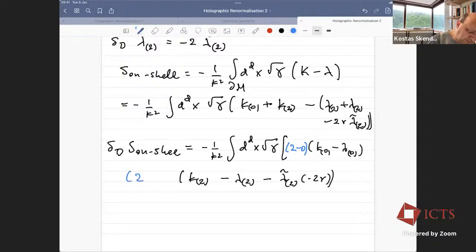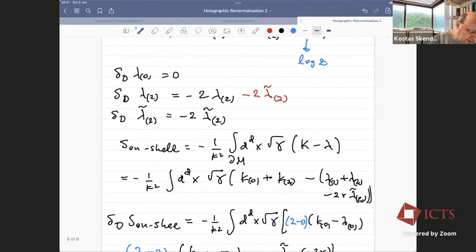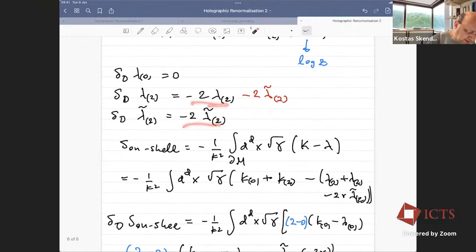This has a 2 from gamma, then it has a minus 2 because all of these terms have this minus 2 factor.